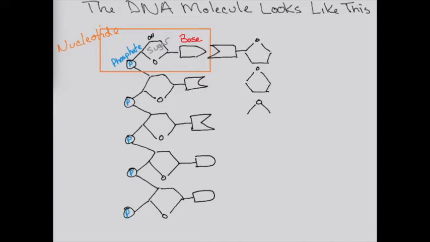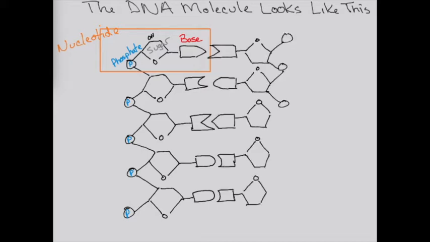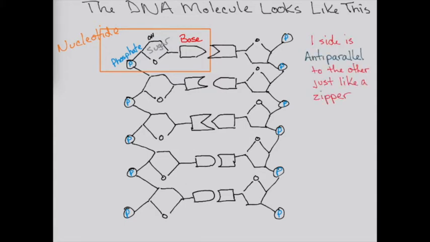The other side looks a little different. It is flipped upside down. It's called anti-parallel. So the DNA can lock together and then compress on itself. It's what we call anti-parallel, like a zipper.